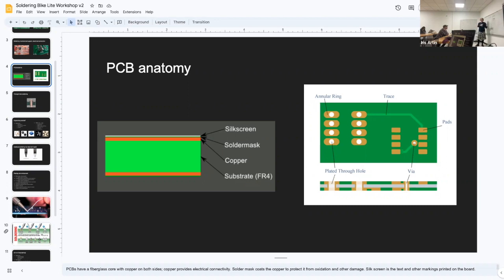From a mass production standpoint, the etching process has always been what we have used. Even if you send a board out today to China, they're going to etch it using the chemical process. What milling does is give you a way to accomplish something very similar without using chemicals.